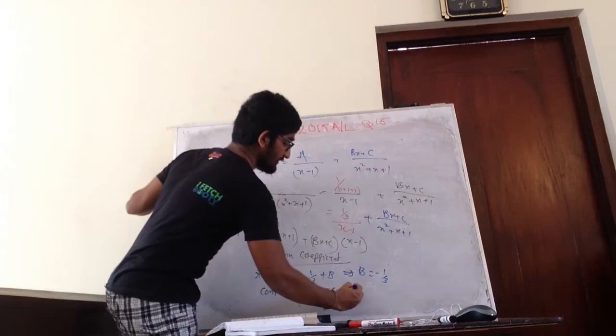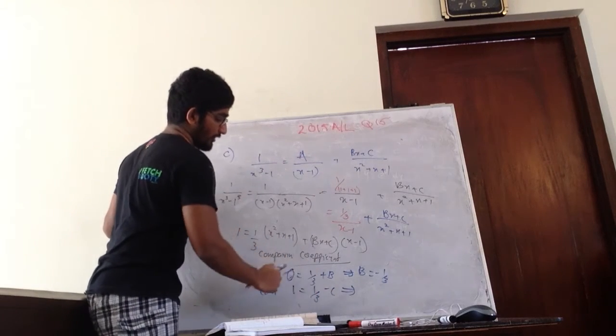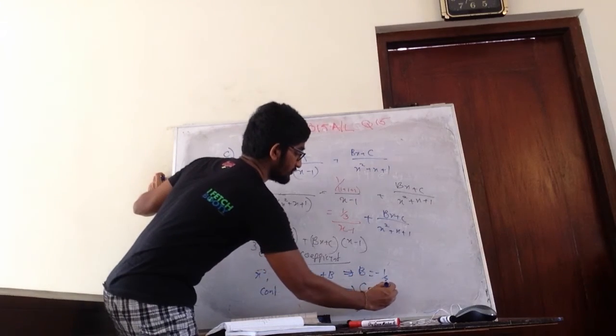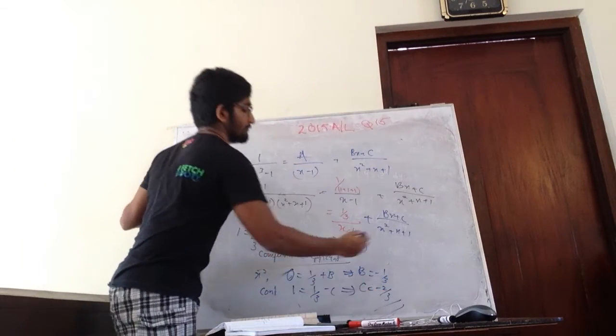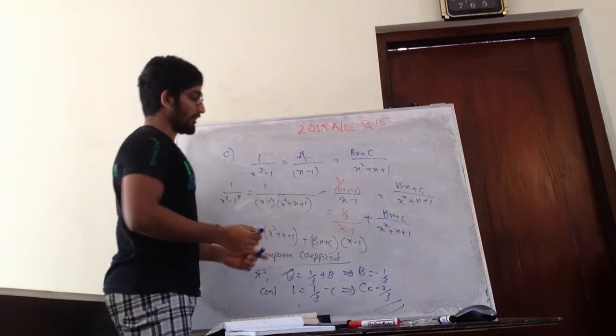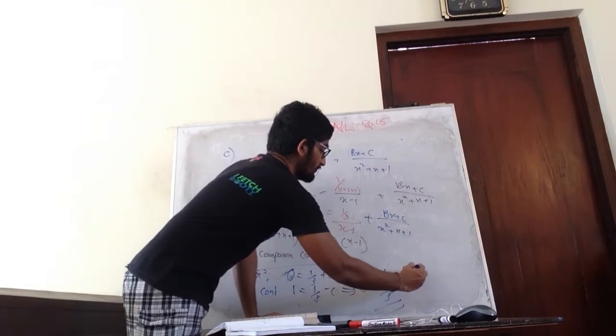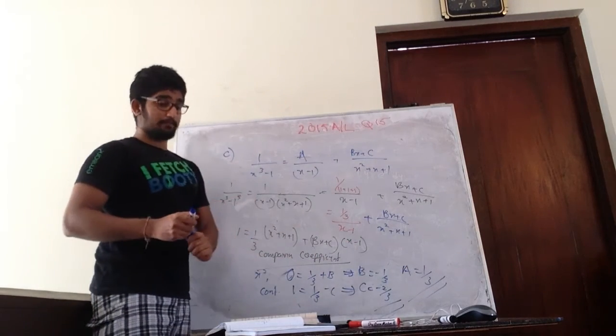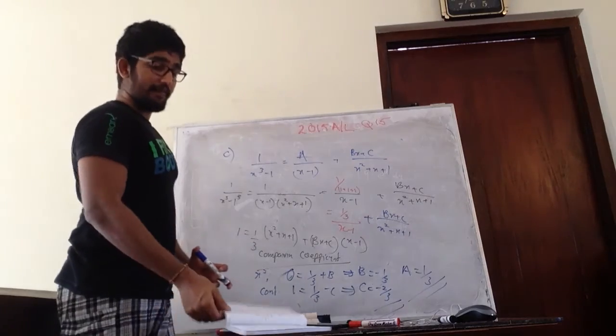So you will get c as what? C will be 1 over 3 minus 1, that means c is going to be minus 2 over 3. So we have found a, which was found before, 1 over 3. So we have found a, b, c. Correct? No?